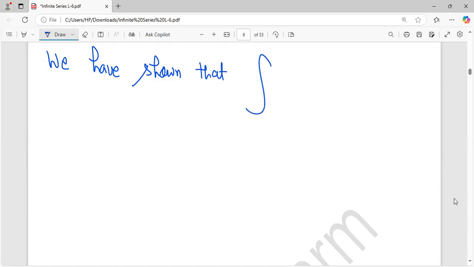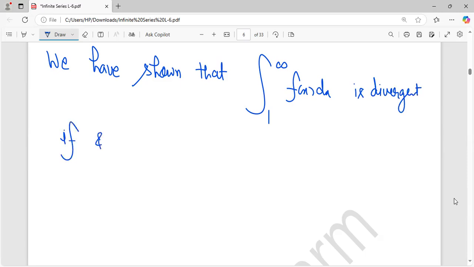That also means we have shown that the integral from 1 to infinity of f(x) dx is divergent if and only if this series is divergent.